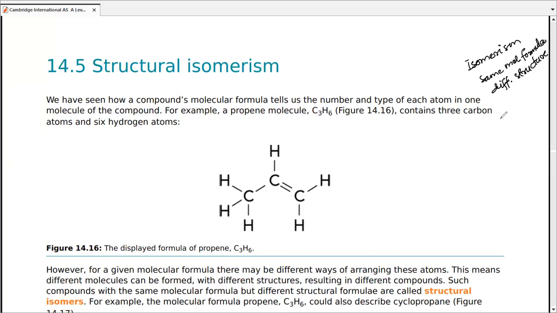Now, let me tell you, there were two kinds of isomerism back in IGCSE even. But since most of the books just considered one kind of isomerism, which is what I just defined, we went with that one in emphasis. There was another kind of isomerism which was only applicable to alkenes, and that was based upon position of groups on carbon.